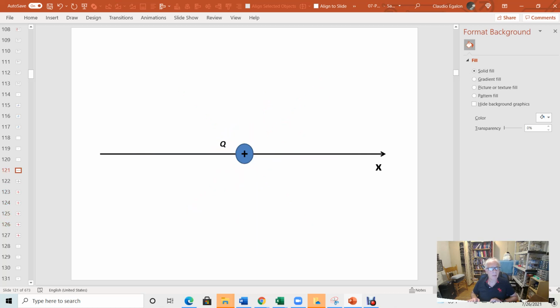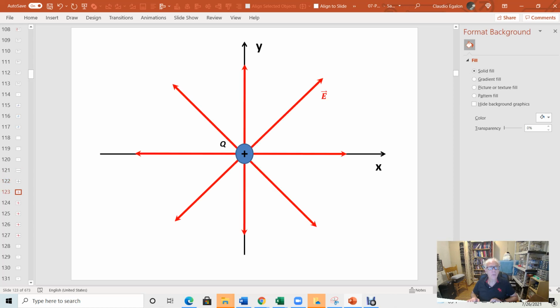Play the movie. We start with the point charge, magnitude q. We get the x and y axis. We want to calculate the electric field of this charge. What do we do next? We first visualize the electric field lines that are coming out of this charge.